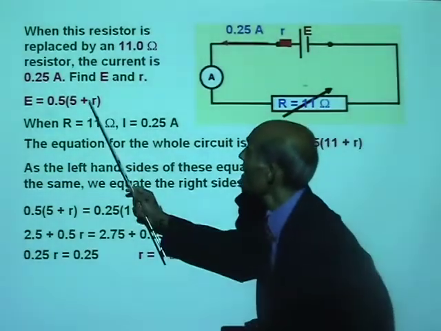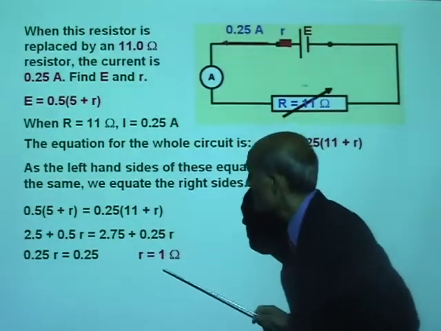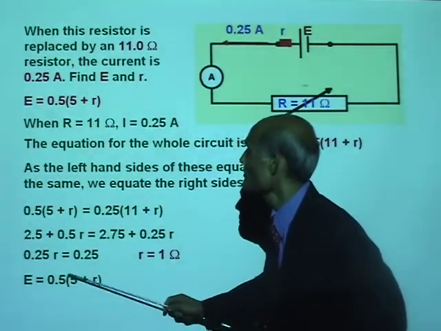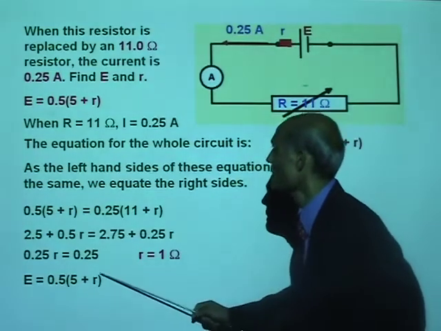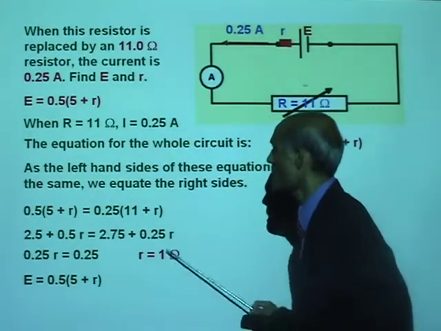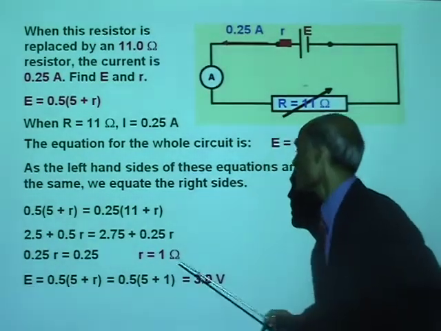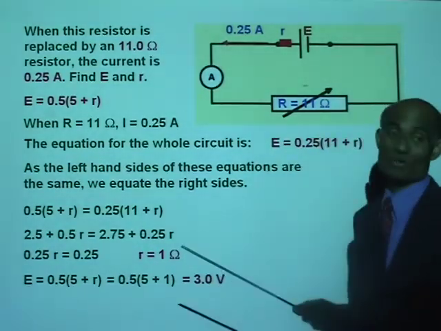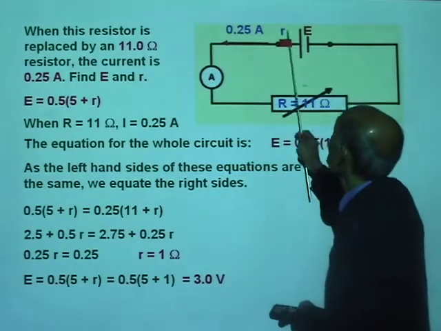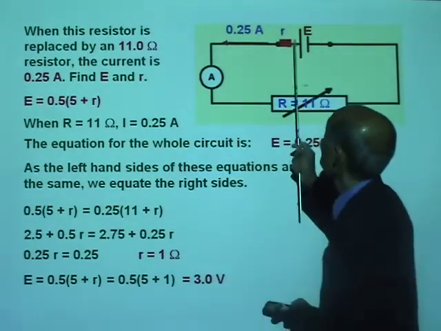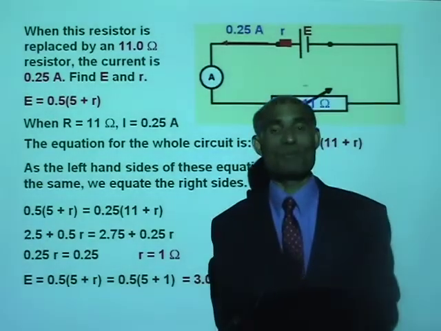And to find the EMF, you can now take this equation, E equal to 0.5 times (5 plus r), replace small r by 1 ohm, and that gives you the value of the EMF as 3 volts. That means the cell we used has an EMF of 3 volts and an internal resistance of 1 ohm.